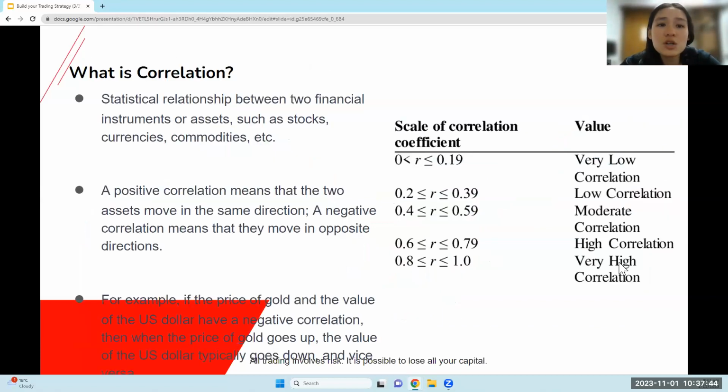Okay, next we're gonna move on to correlation, but before that, let me know in the chat if you guys have any questions so far.